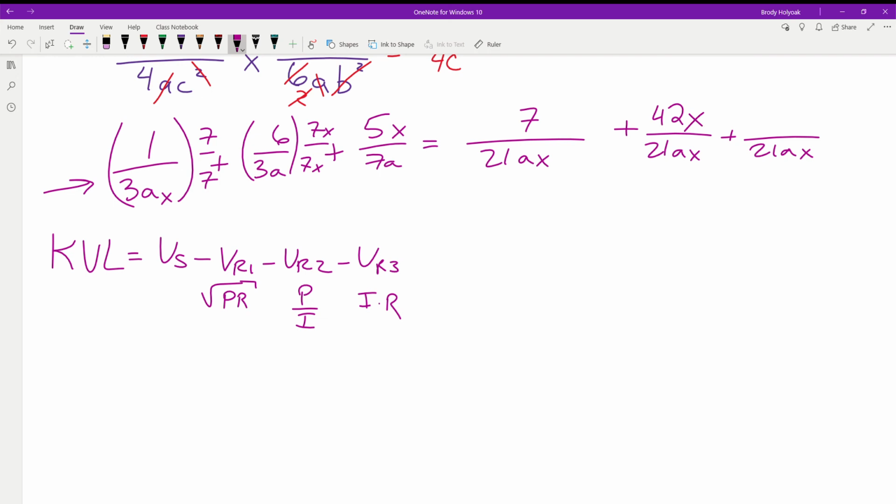Now we come to the last one. What do we need to multiply this guy to get to our 21ax? 3x. So we multiply both the top and the bottom by 3x, and we get 15x squared.